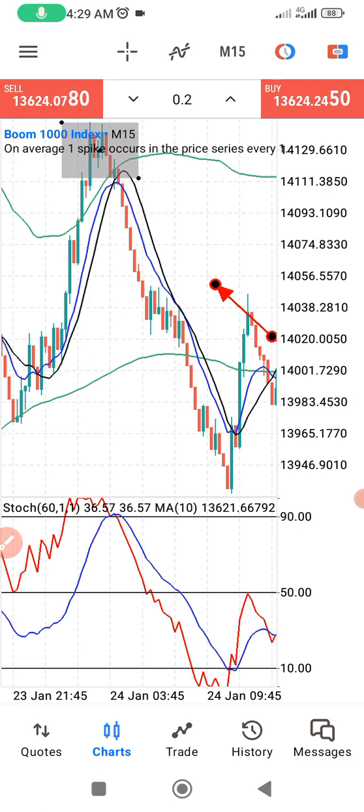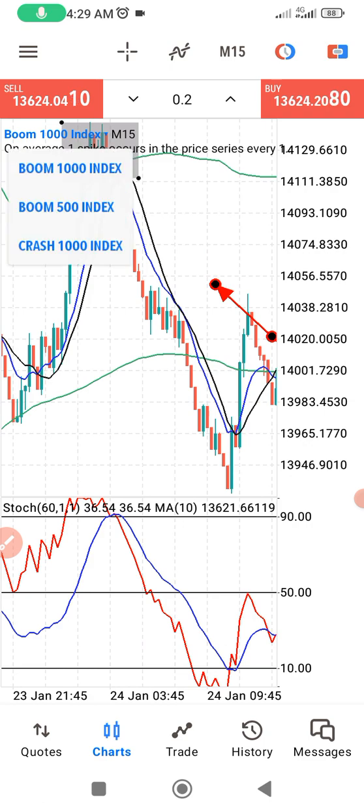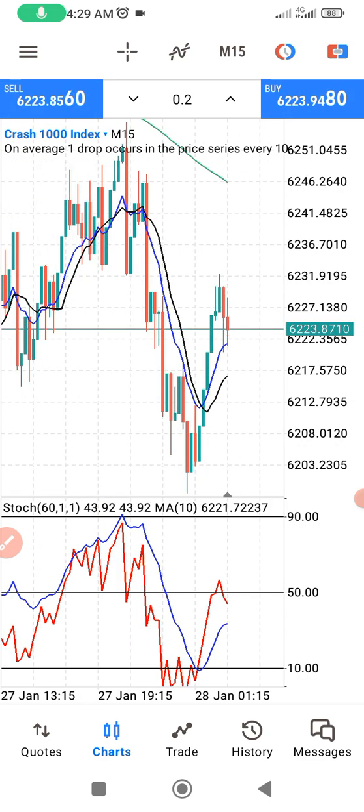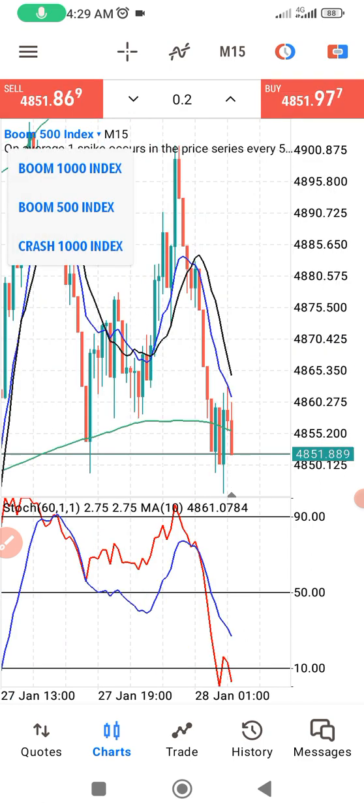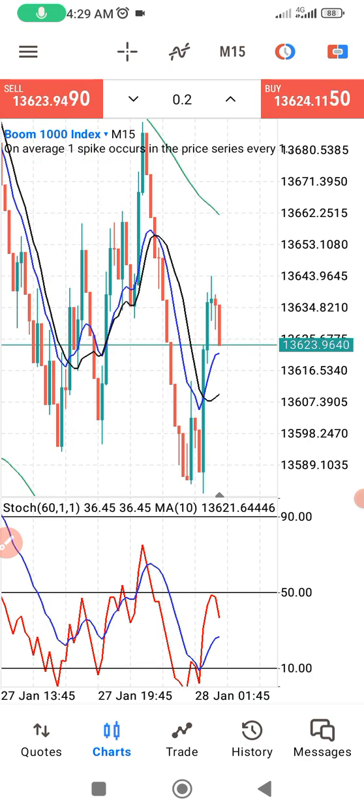Because I backtested on it, it helps you to filter your entries. You have fewer entries and then your loss is minimized. So this should be on 15 minutes.